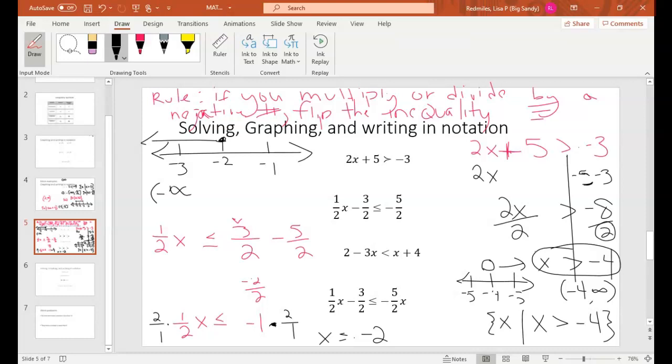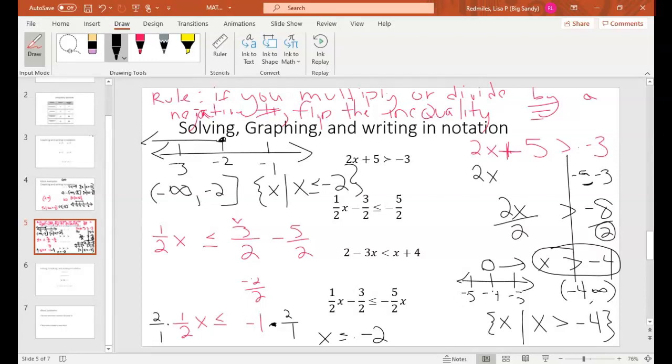So my interval notation is -infinity, comma, -2. It can equal -2, so I have a bracket there. And my set builder notation is the set of all x's such that x is less than or equal to -2. So far I haven't had to use that rule at all, but this next one I will.